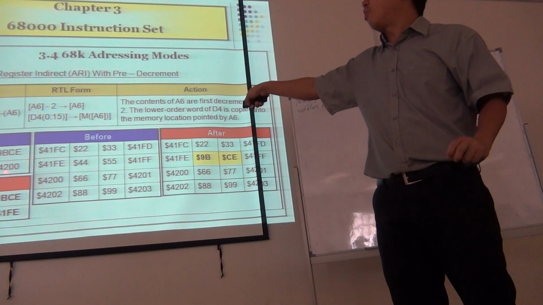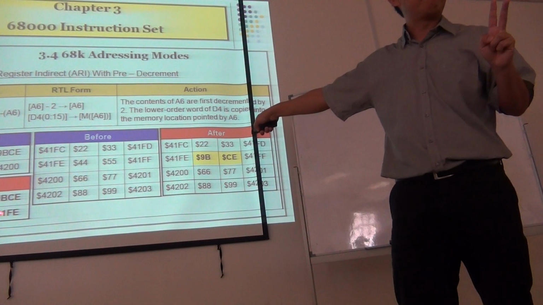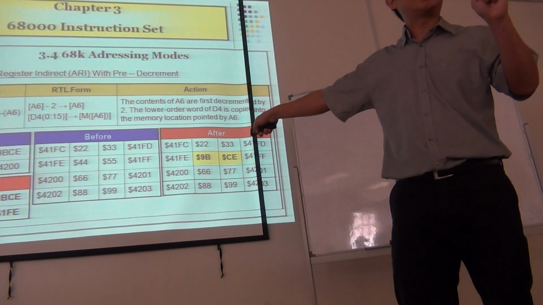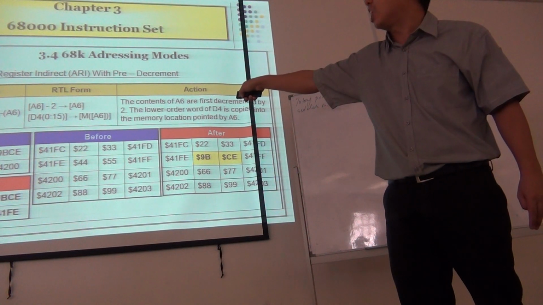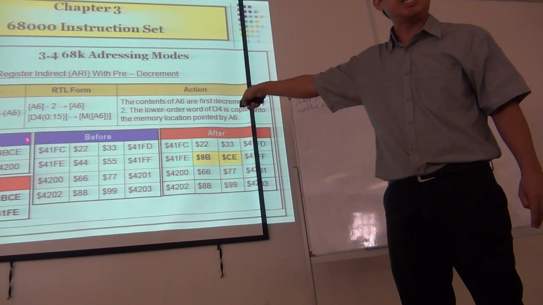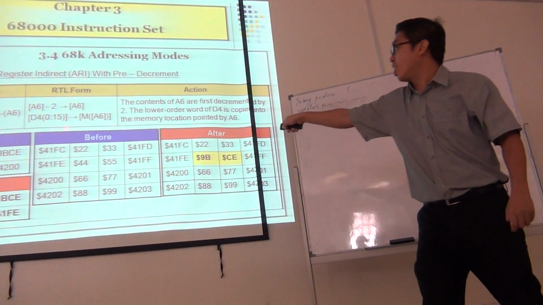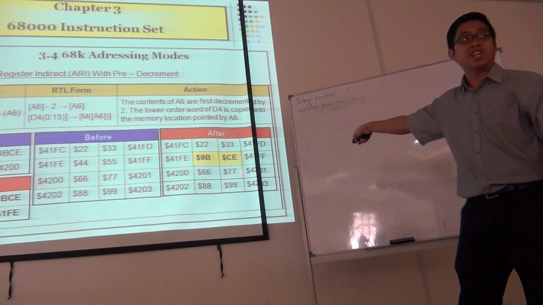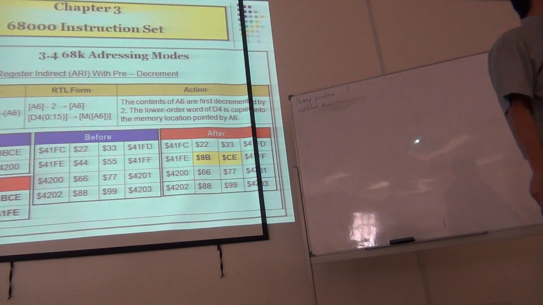So minus first, 4200 minus 2 is equivalent to 41FE. That is the location that you're going to put the value from D4, taking the W. D4 W is what? 9BCE, correct? So take this number, go to 41FE, change it over here. This is before and after. You're changing the locations of the memory.